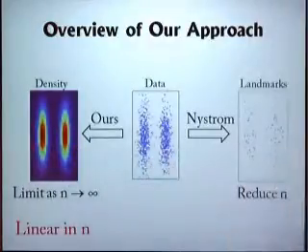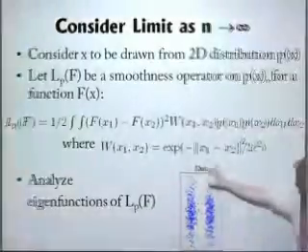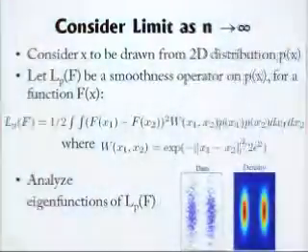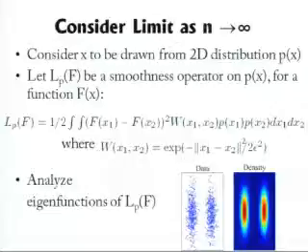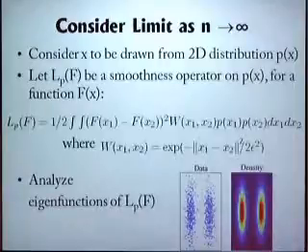The basic idea is, if you consider this little distribution of data here, as the number of data points goes off to infinity, we can think about dealing not so much with a discrete set of data, but with a continuous density. In this little toy example, we've got a two-dimensional distribution of data.